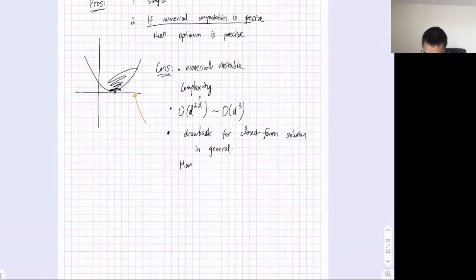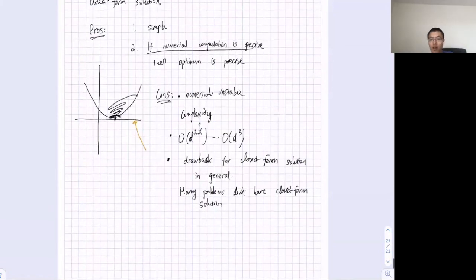Many problems don't have closed form solutions, right? So suppose it's not linear regression, or suppose it's not a linear function, then probably you don't have a closed form solution. So it's very rare in real machine learning models that you can find a closed form solution.